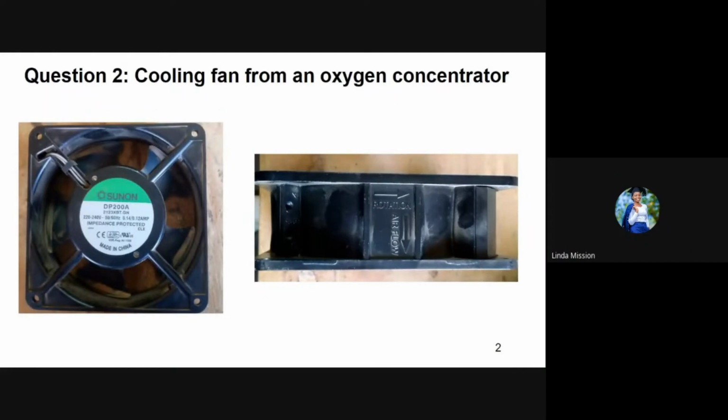And on the other hand, the fan used in AirSep Intensity 10 is supposed to be drawing air from the outside into the unit. So for this concentrator, the arrow for the direction of airflow has to point towards the compressor. So as you can see in the graphics, we have 2 images.